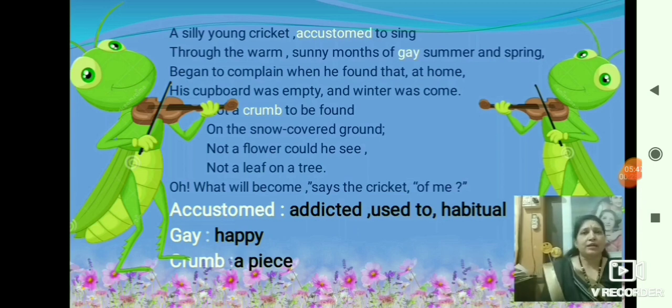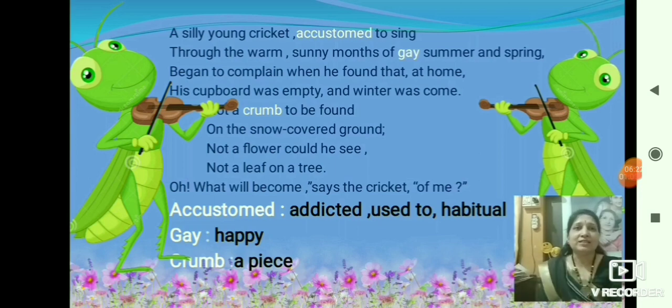A silly young cricket. Here, two adjectives are given to the cricket, that is silly and young. Why is this adjective given? Why is the cricket called silly? Because you saw in the previous slide that ants are carrying food, whatever your favorite, burger and finger chips or all these things, they are carrying food. They are hardworking.